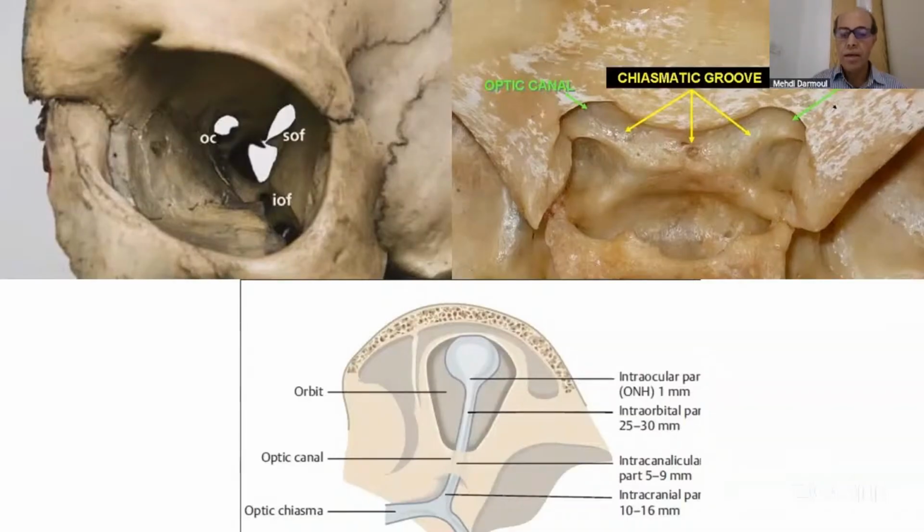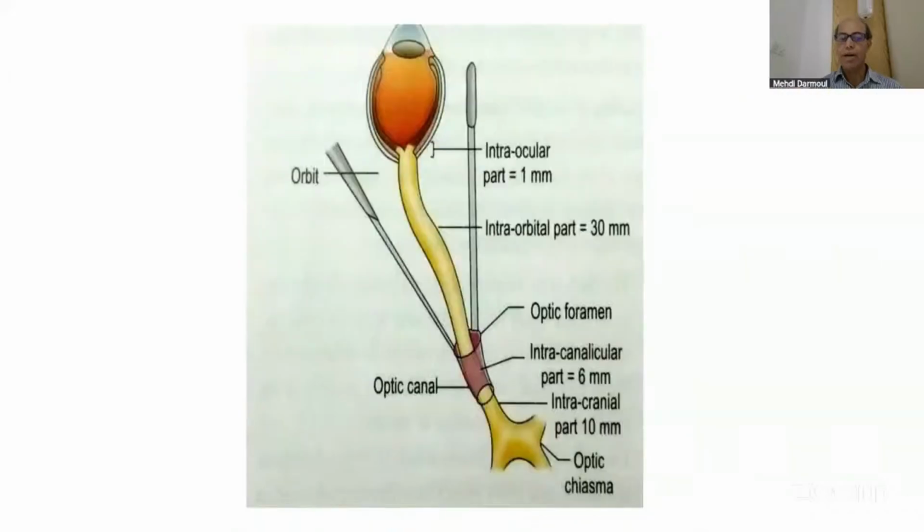We have the intraocular part, with 1 millimeter of length; the intraorbital part, between 25 to 30 millimeters; the intracanalicular part, in the optic canal, about 5 to 9 millimeters; and the last part, the intracranial part, 10 to 16 millimeters. Here is the course of the optic nerve from the posterior part of the bulb to the intracranial part, in which it joins the opposite optic nerve to form the chiasm.